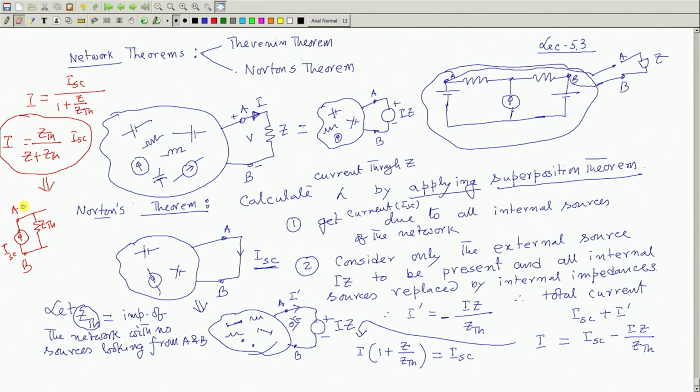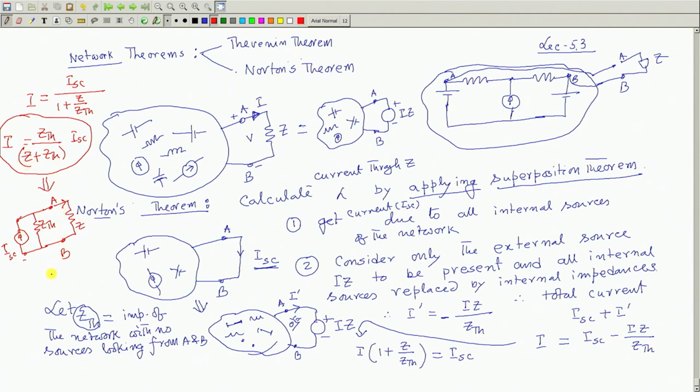Let me write A B here. A and B, and here is your Z. This equation fits into it. This current I S C. So, what is the current here? It will be this total current into other impedance divided by sum of the impedances.